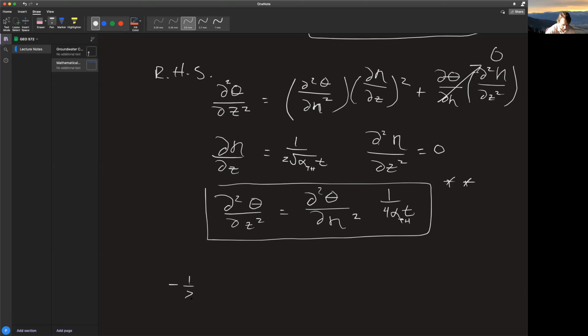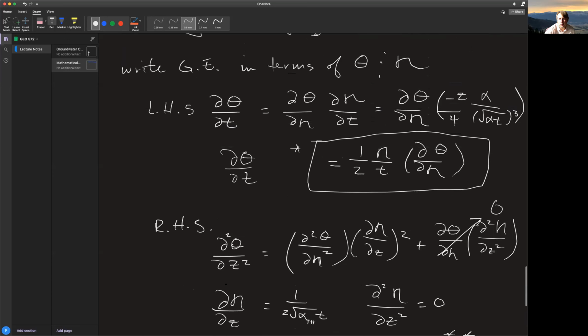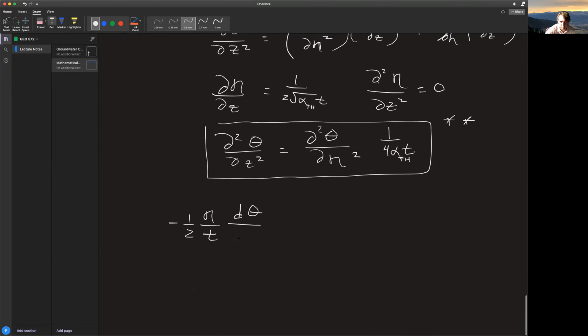We have negative 1/2 eta over t d theta d eta is equal to alpha times 1 over 4 alpha t d squared theta d eta squared.